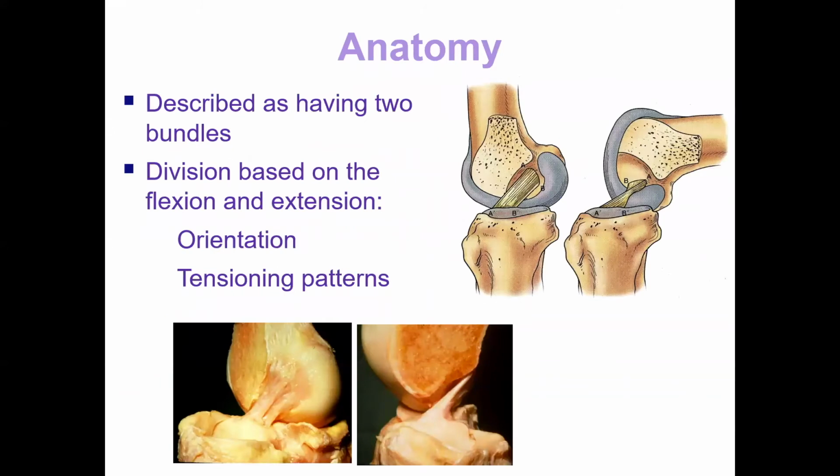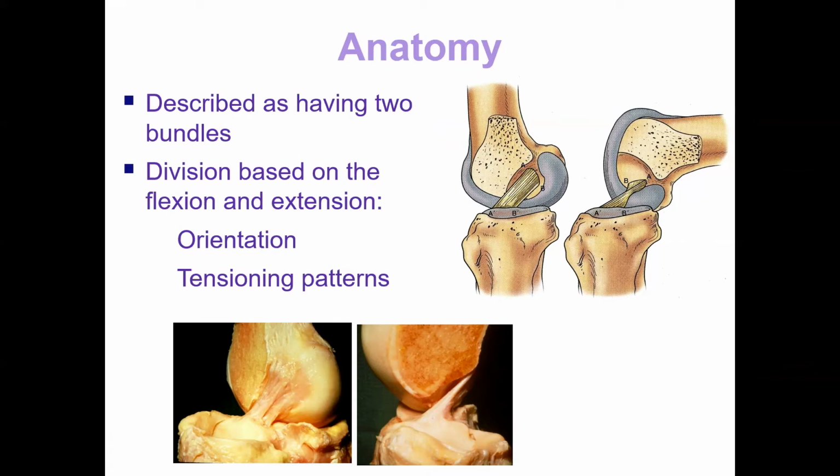So the ACL is conventionally described as being formed of two bundles, anteromedial and posterolateral, and these are divided and defined based upon their attachment points into the tibial footprints. Other concepts have evolved, and one that is very popular at the moment is the ribbon or band theory in terms of ACL function and architecture.